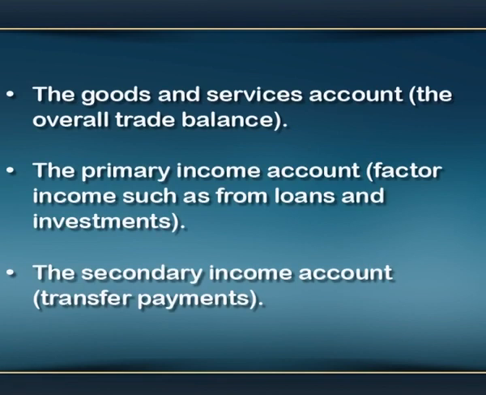The International Monetary Fund uses the term current account with the same meaning as that used by other organizations, although it has its own name for its three leading subdivisions, which are: first, the goods and services account, the overall trade balance; second, the primary income account, factor income such as from loans and investments; third, the secondary income account, transfer payments. Balance of payments is also known as balance of international trade.